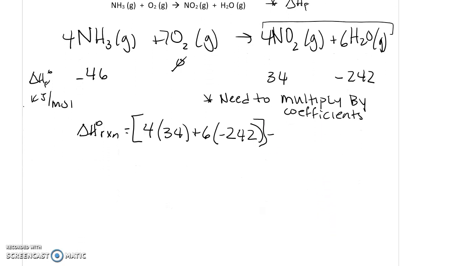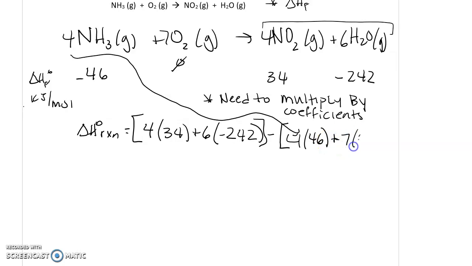So I start the minus, and I'm going to write a new bracket for the reactants. How many do I have? We've got 4 ammonia, at minus 46. And then we know that we've got 7 oxygens, but again, it's 0, so we're just going to multiply that by 0. So this whole thing just cancels.